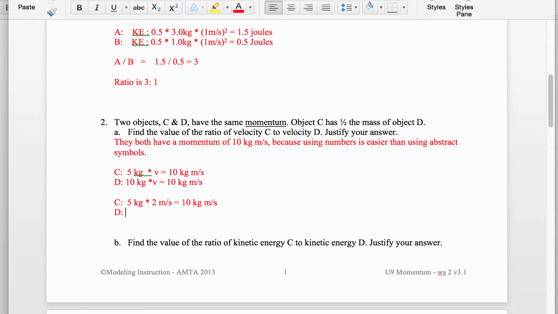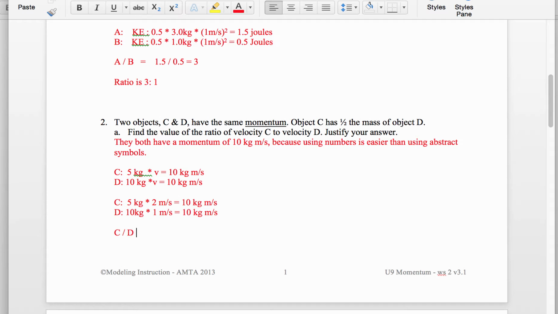And for D, 10 kilograms, what times 10 equals 10? 1. The ratio of C to D is C divided by D, the velocity: 2 meters per second divided by 1 meter per second. That is 2. So the ratio is 2 to 1.